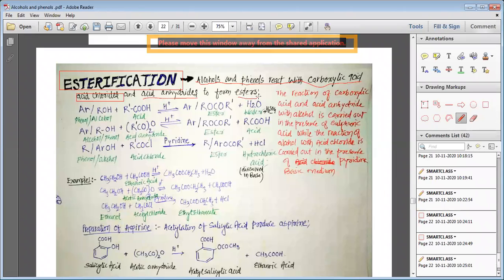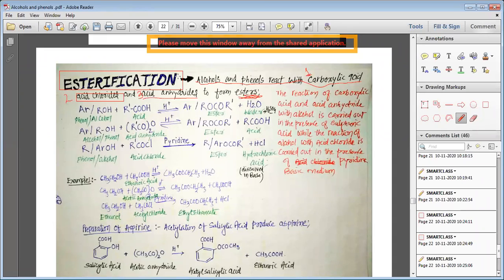So in 12th standard, you need to remember that alcohols and phenols react with three types of compounds. Number one is carboxylic acid. Number two, they produce ester when they react with acid chloride. And number three, when they react with acid anhydride, they also produce esters.